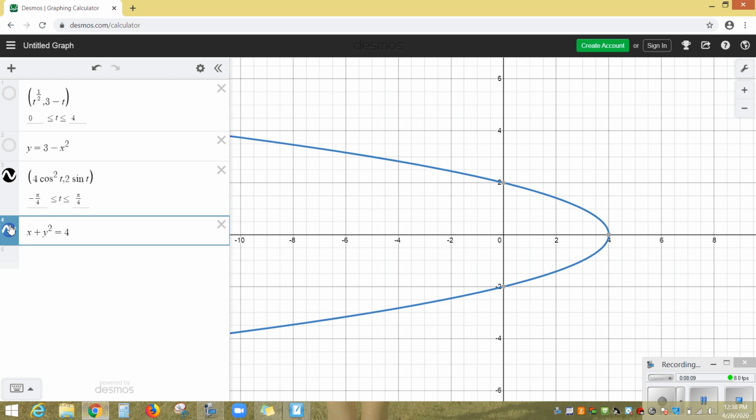If we restrict the x's, here we go. And I forget how to do that here in Desmos. There's a way, but I always have to Google it.